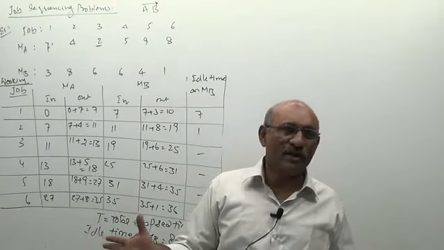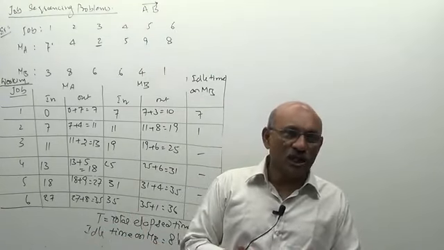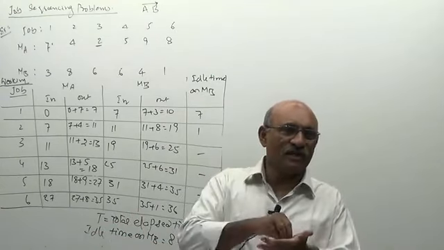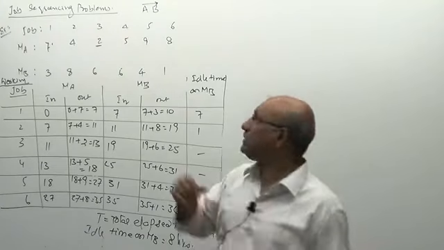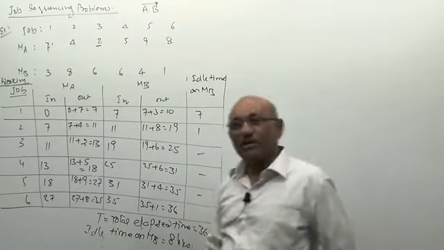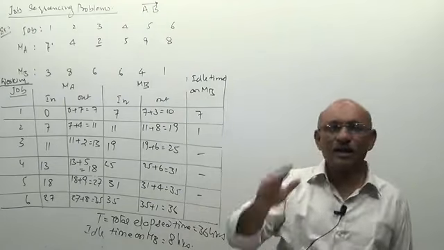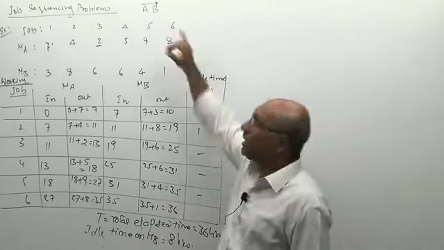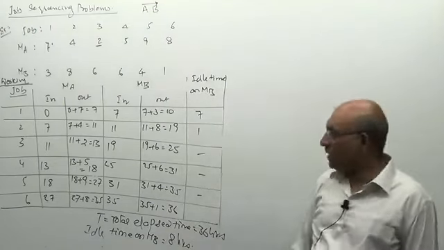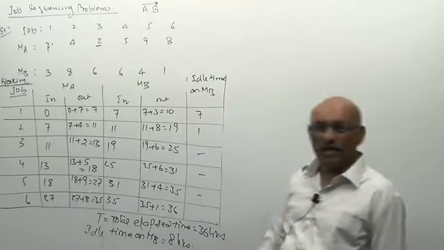What is meant by order? Each job will enter into which machine first, that is also given. Here the processing order is AB. It means every job is entering into machine A first, then it will go to machine B.